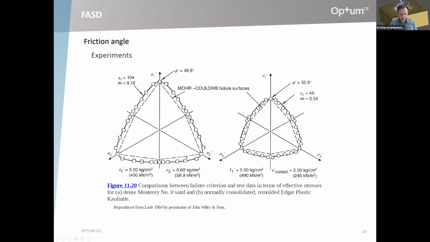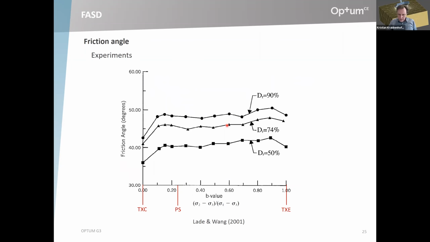So this is compression, extension, and then plane strain would be somewhere more towards the triaxial compression corner. And so this is a loose, medium, and dense sand.